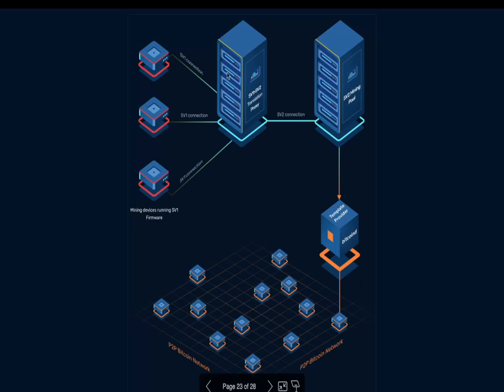But then the connection between the proxy and the pool is still an SV2 connection. So we still have a lot of benefits from it. Like I just said before in the previous configuration, this is encrypted, this is binary, therefore it's better.